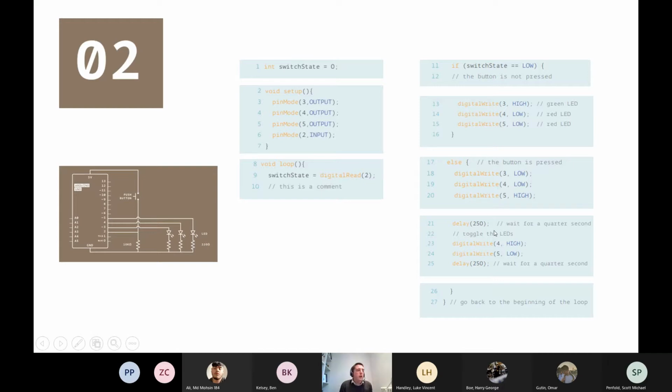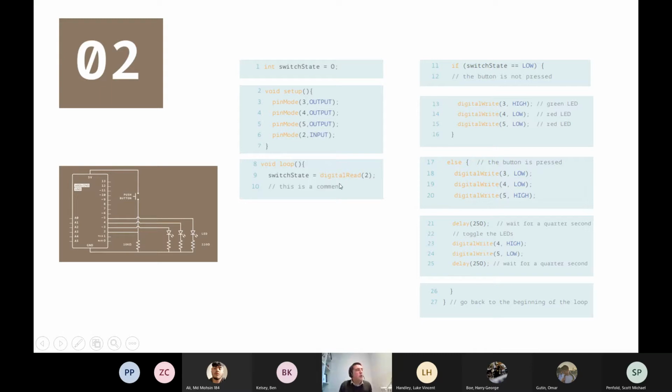And then we do a couple of other little bits within the loop just to finish. We delay, so we slow everything down so things don't happen instantly, and we can do that in the program. And then we do something else with the LEDs to say, okay, now we're moving on and testing the switch again.